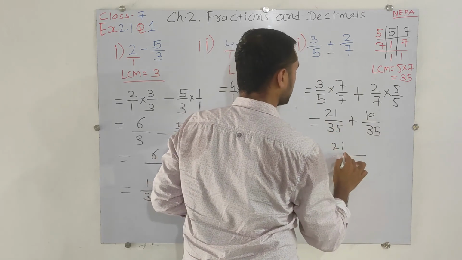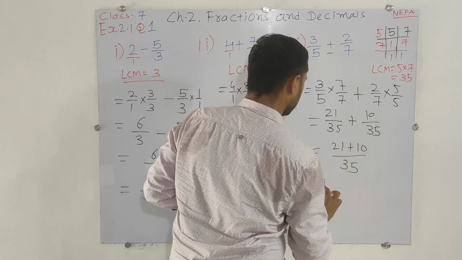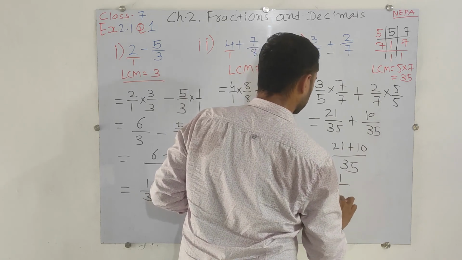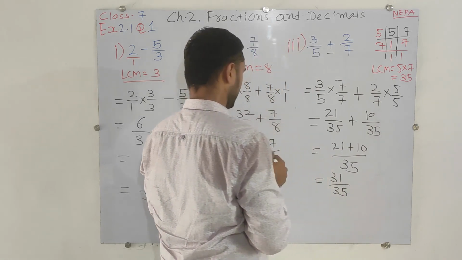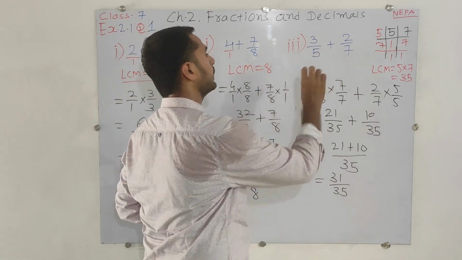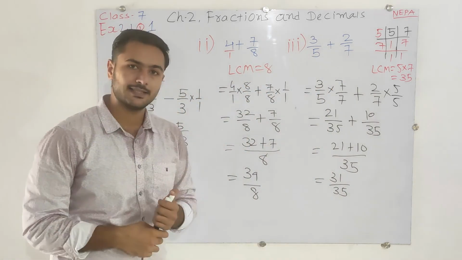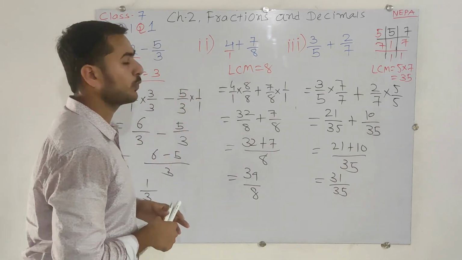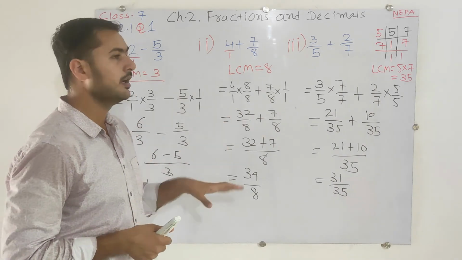Here 21 plus 10 is equal to 31 upon 35. Okay, so this is the final answer of 3 upon 5 plus 2 by 7. Okay, so here we have completed sub questions 1, 2 and 3 of question book 1. Just pause the video and note it down.